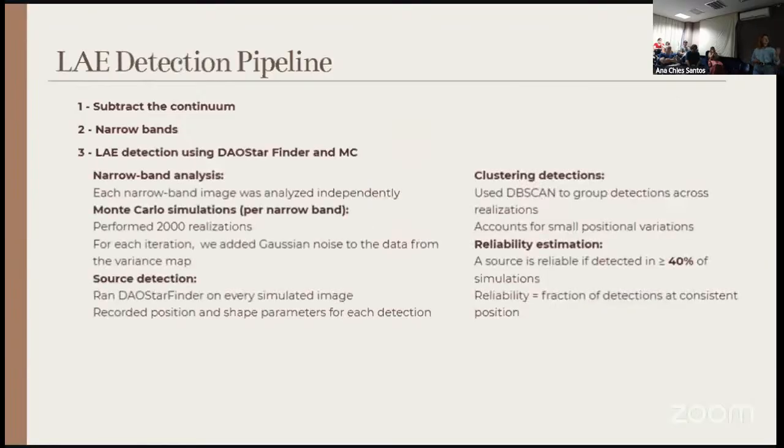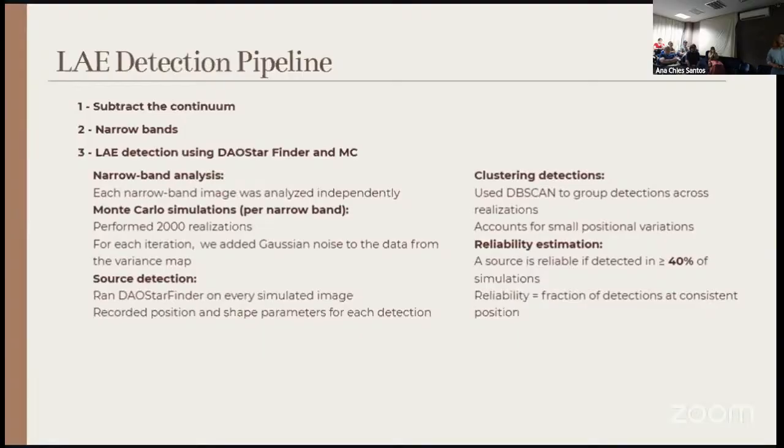After making the narrow bands, each narrow band image is analyzed independently. So I run a Monte Carlo simulation, performing 2000 realizations. For each iteration, we add Gaussian noise to the data from the variance map.